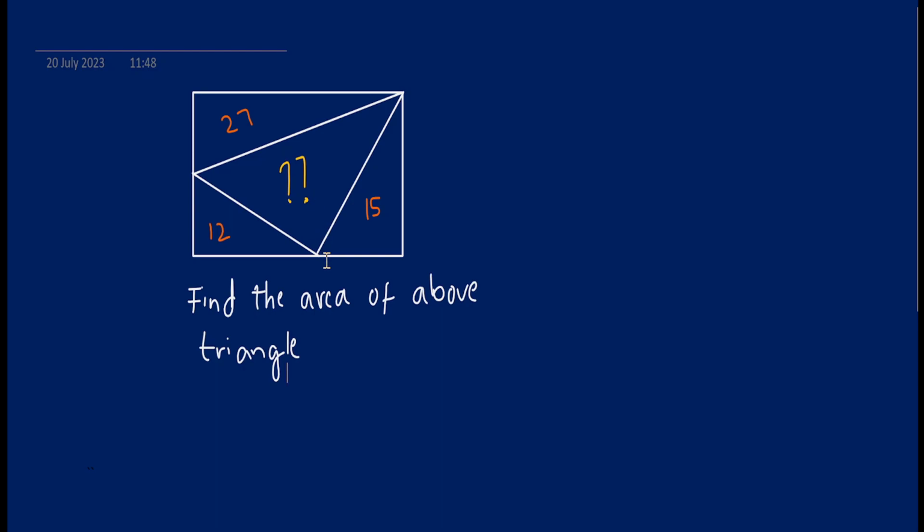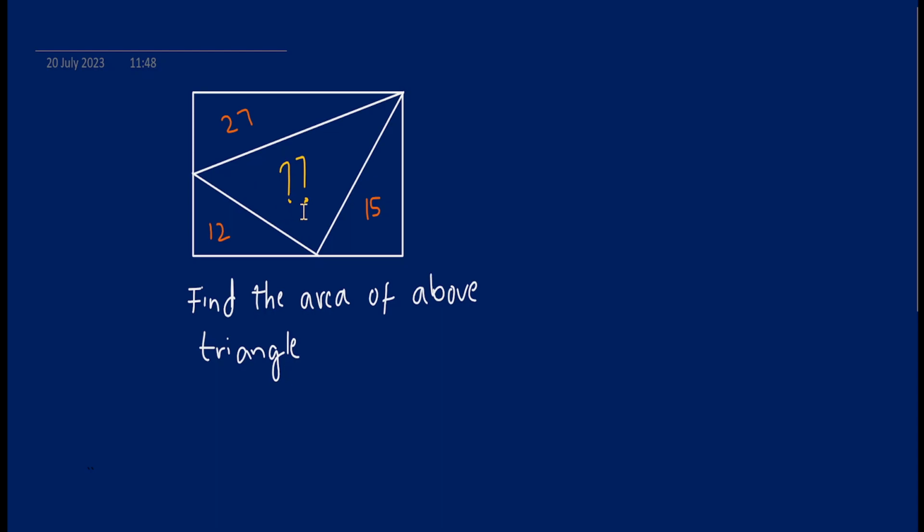We have areas given for three among them. The area of this one is 27, this one is 12, and this one is 15. We have to find the area of this middle triangle that is shown here.